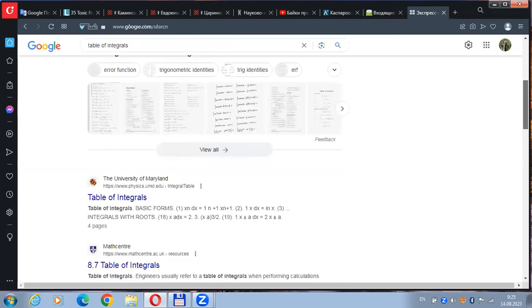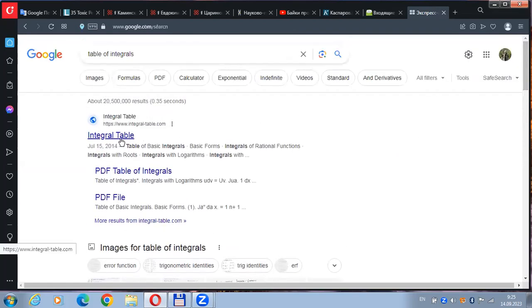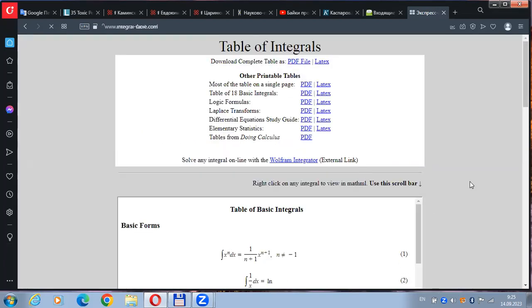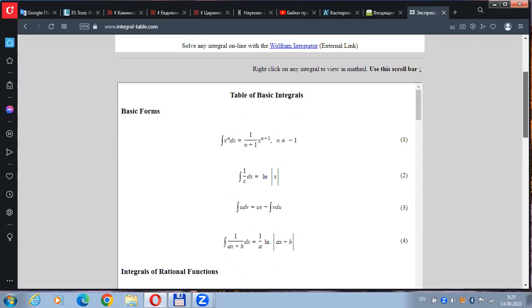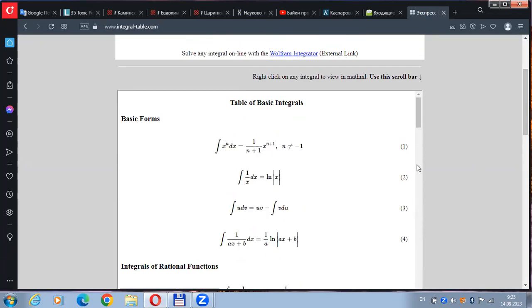We can see, for example, here. And now, can you see this? The first integral is all that we need here. So let's use this to solve our problem.